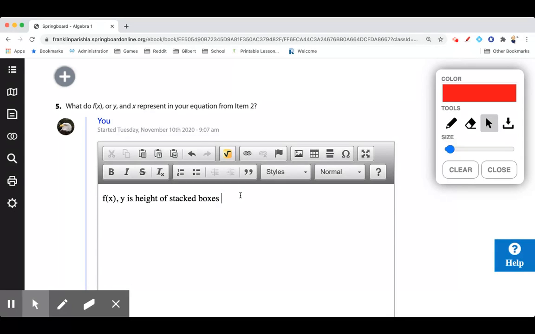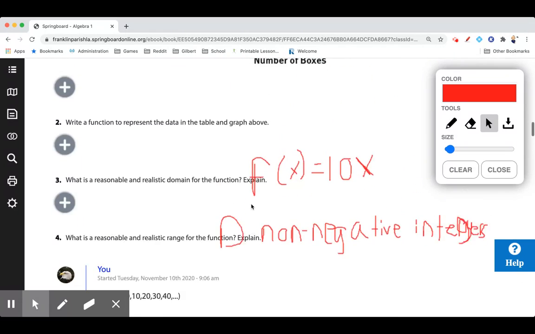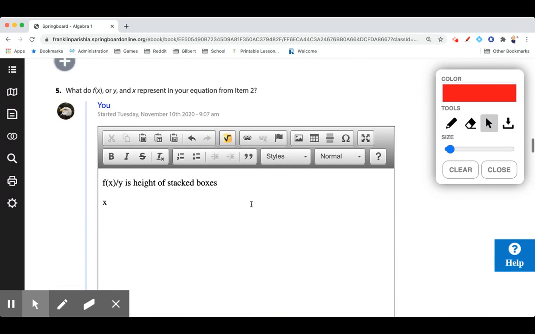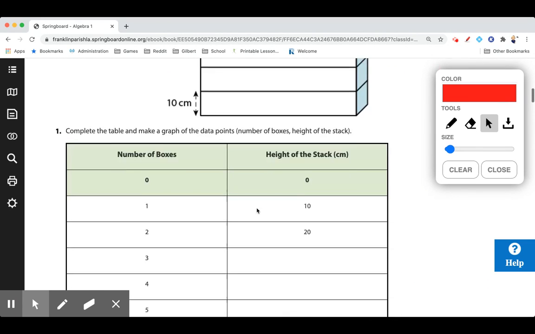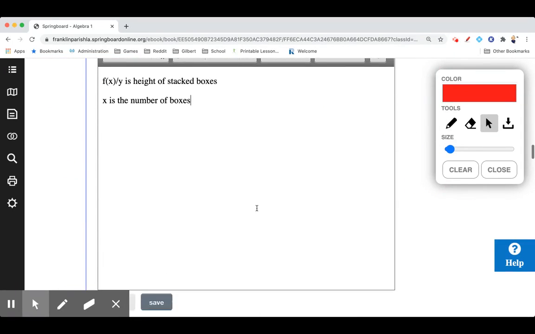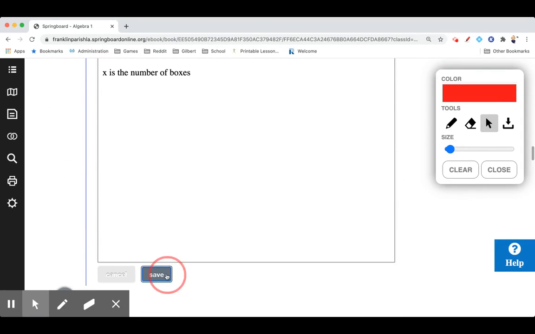Let me just put that as f of x slash y. It's the same thing. For x, what does x represent? x represents the number of boxes. Remember, we got all that from the story and from the problem graph.